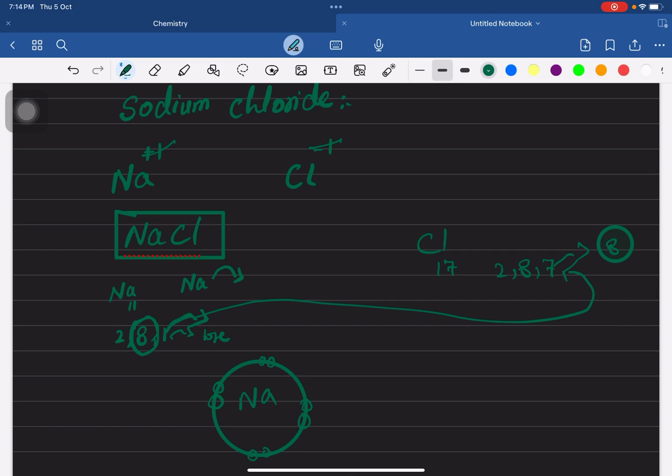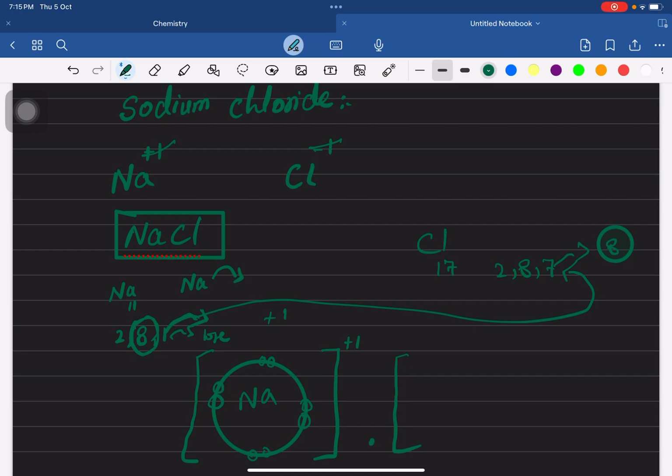Now, after showing the Na, we have to open brackets, and as you know it loses one electron, that's why it will get a plus one charge. So we will write plus one over here, and in the center we will make a dot, nothing else, just a dot, otherwise you will lose your marks.